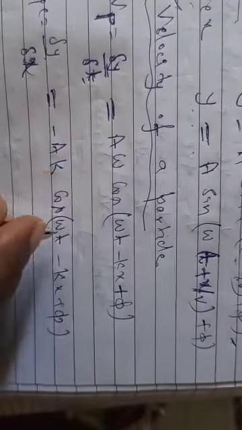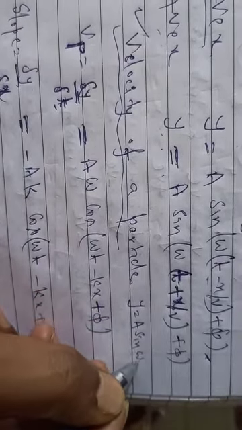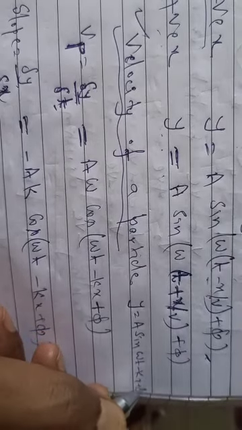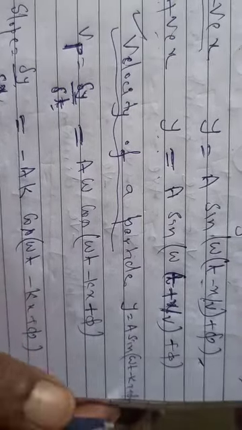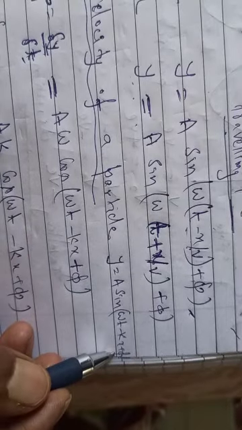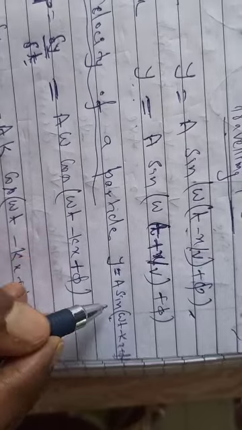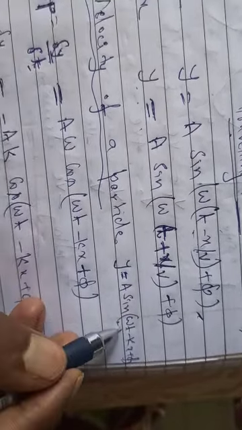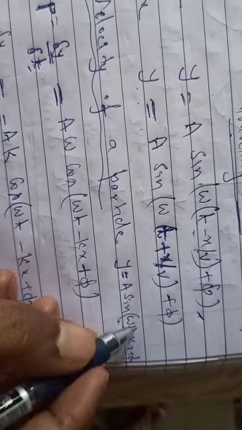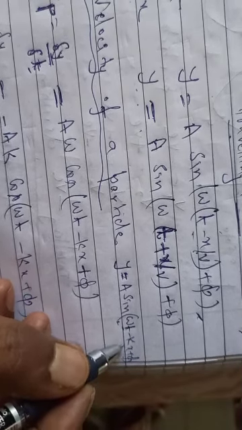like the equation was y is equal to a sine(omega t minus kx plus phi). So if we are differentiating omega t minus kx plus phi with respect to time, this term t is variable and other terms are constant.